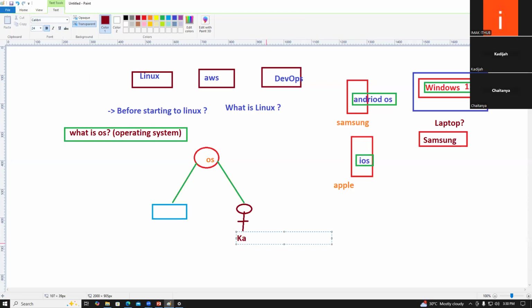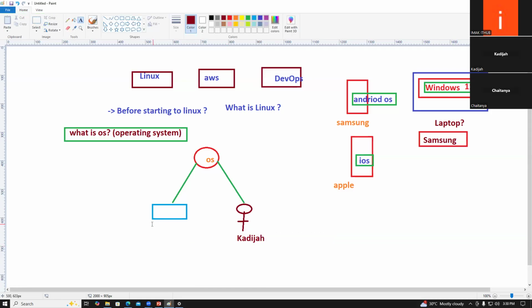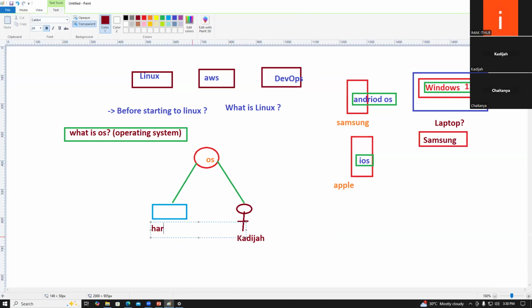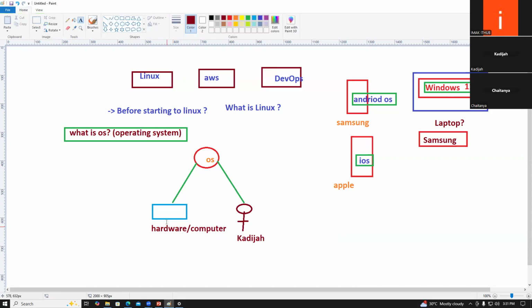This is Katish's laptop, hardware or computer or a laptop. This is your laptop.